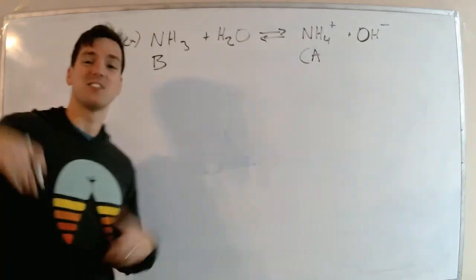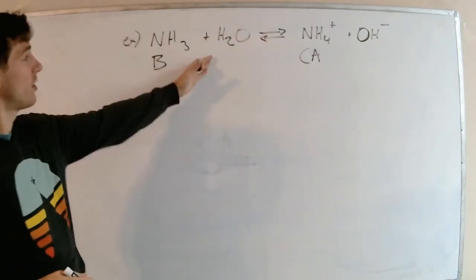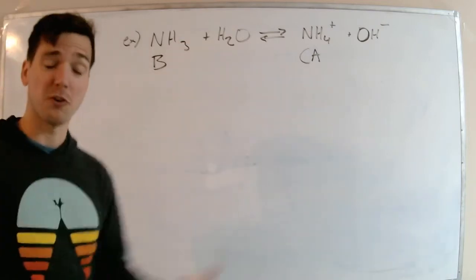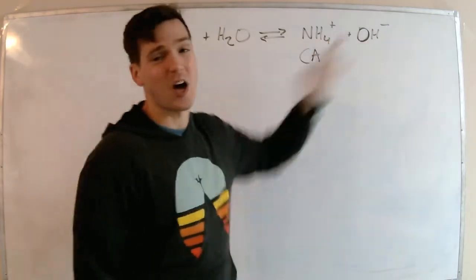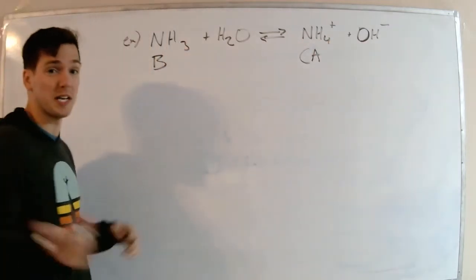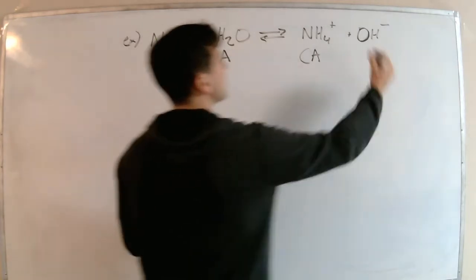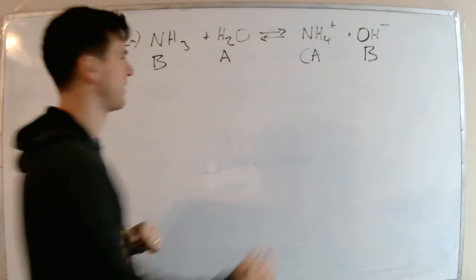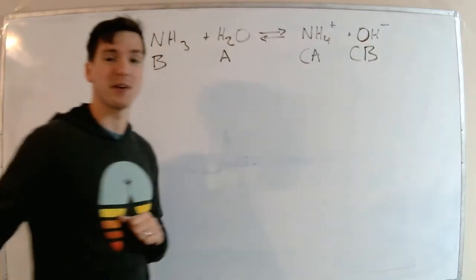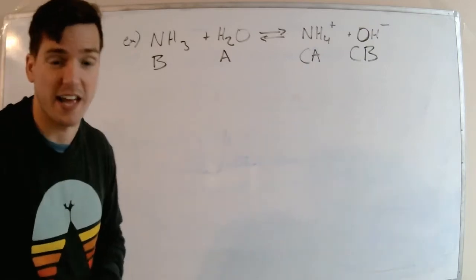So, base to conjugate acid. Let's look at water. We already know what it is, but let's go through the process. H2O to OH-, it looks like it lost an H+. It donated a proton. So this is our acid, and this is our conjugate base. Okay, so as you can see, acid and base on the left side, conjugate acid and conjugate base on the right side.